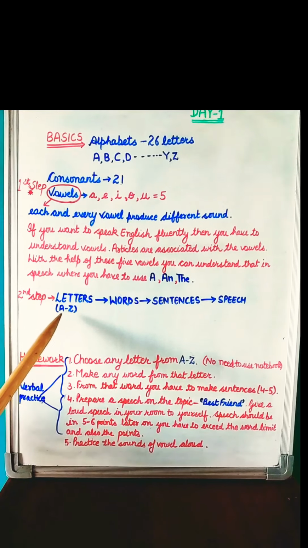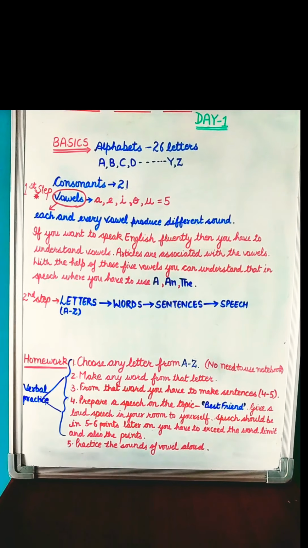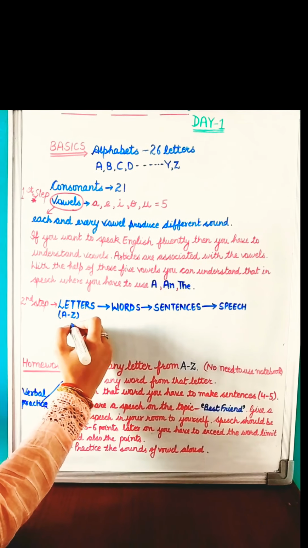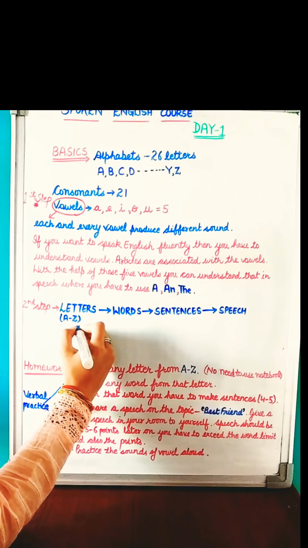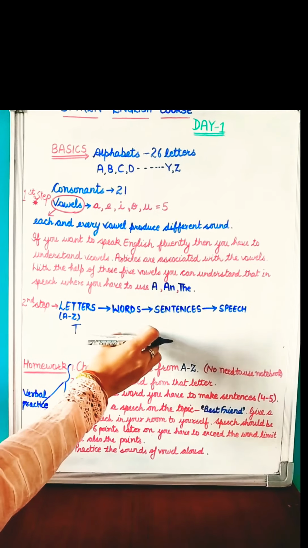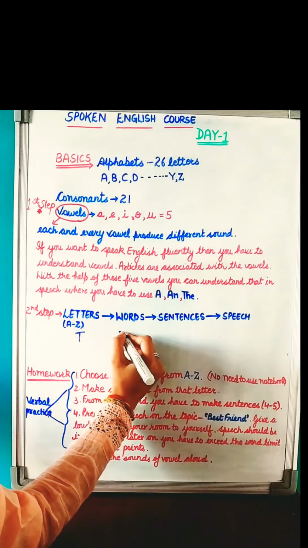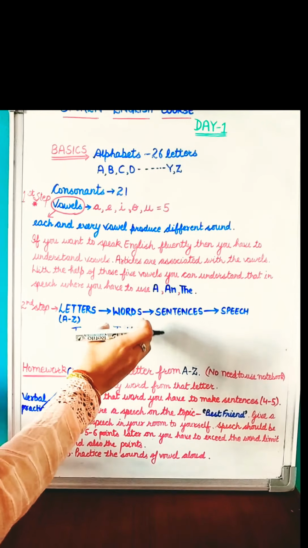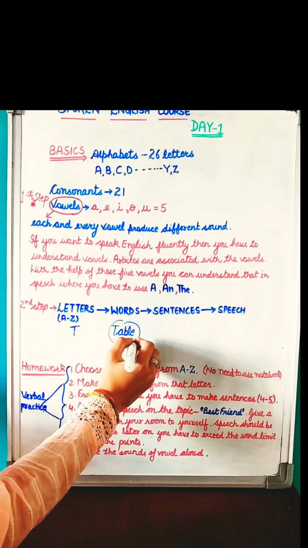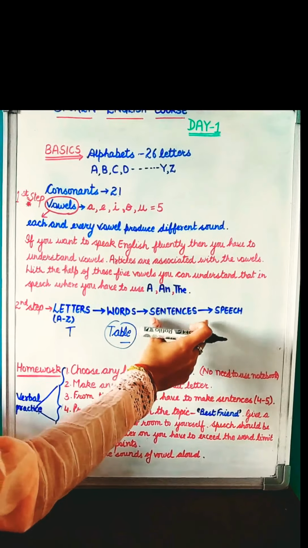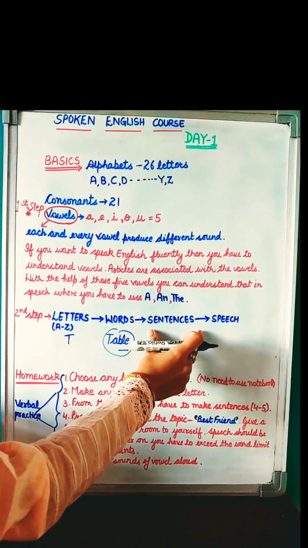Take any letter from A to Z. Suppose I take the letter T, and from this letter you have to make a word. Suppose I make the word table. You know that a sentence is a combination of words which makes complete sense. A group of words that makes complete sense is called a sentence.